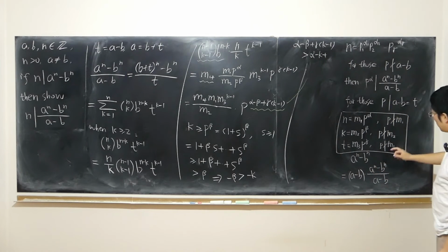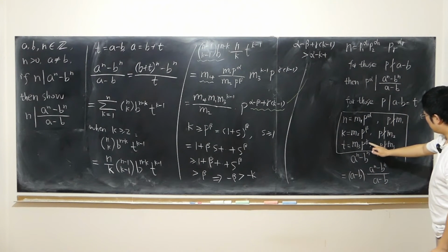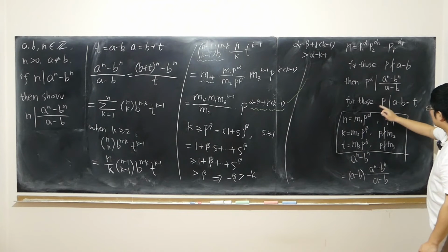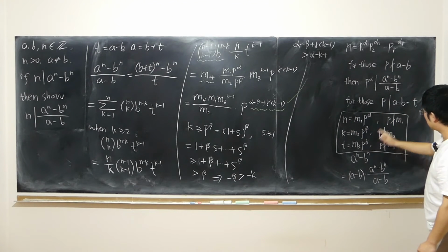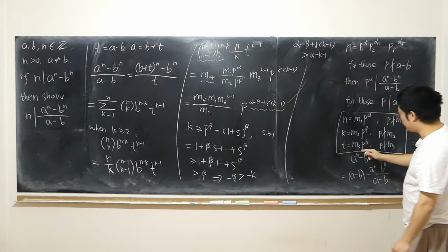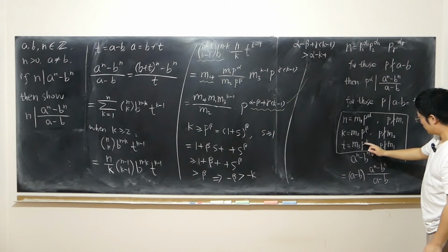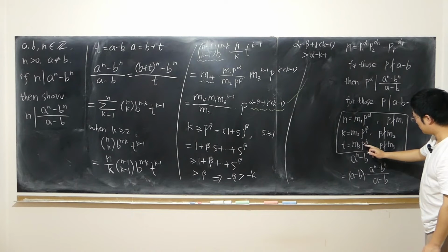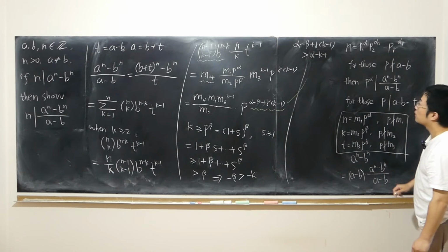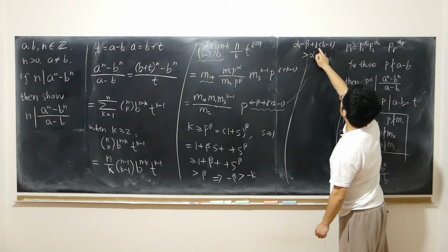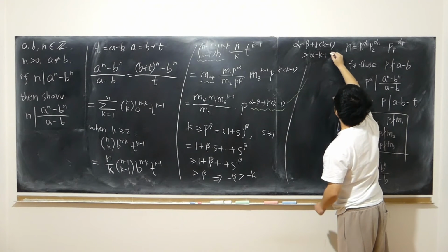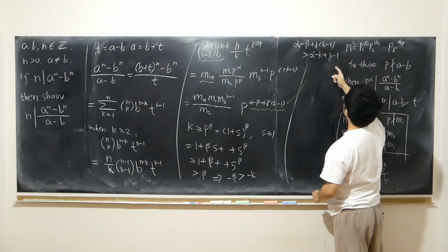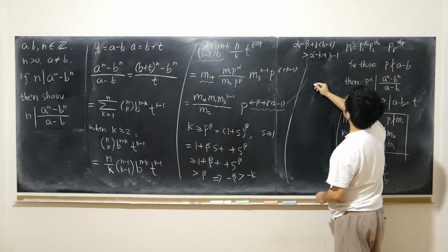What happens with gamma? Like I said, for those p that divide t, t contains at least 1 p. 1, 2, 3, at least 1 p. And so gamma is at least 1. So gamma times k minus 1 is at least k minus 1. K minus 1 is positive, of course.